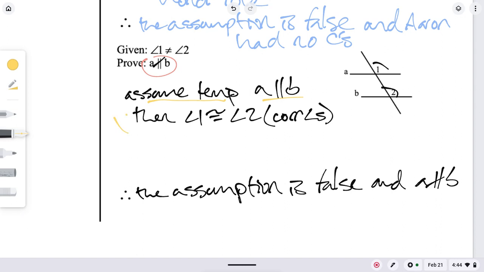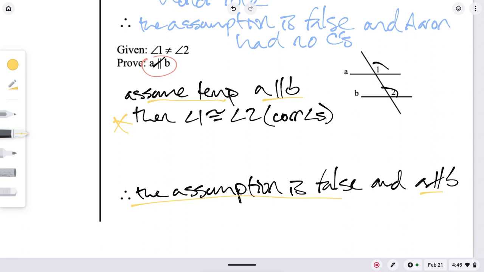And then you'd have a couple points maybe for the evidence that you're going to give, whatever argument you're going to make based on why that isn't going to work. And then finally, you'll have to say, therefore, the assumption is false. And then you'll have to know A is not parallel to B in this case. So there's quite a few points involved in these things, but it shouldn't be very difficult for you to get those points, right?